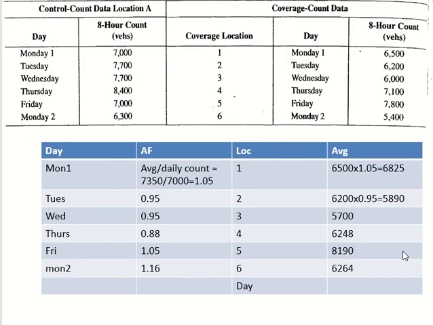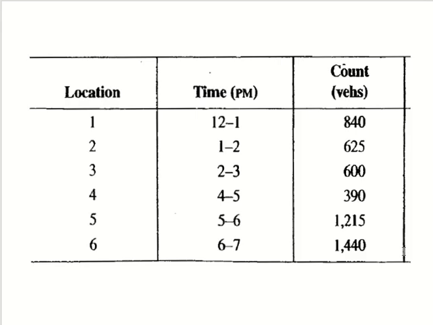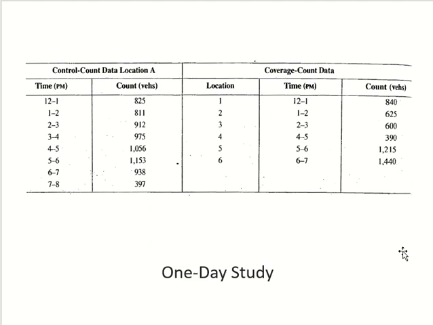In this example, look at the last 2 columns. Each value is for 1 day, each for a different day. Look at the control. Each value for 1 day. Look at the last 2 columns again. Each value for 1 hour. Look at the first 2 columns. Each value for 1 hour. So you have to maintain this consistency.